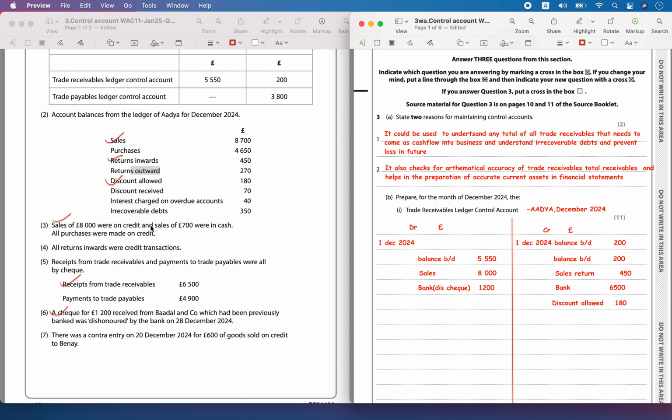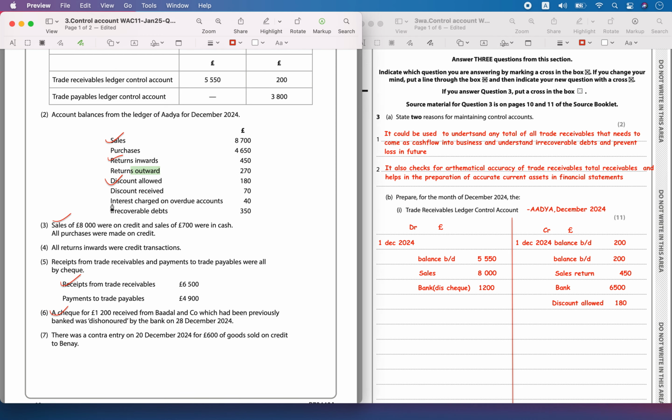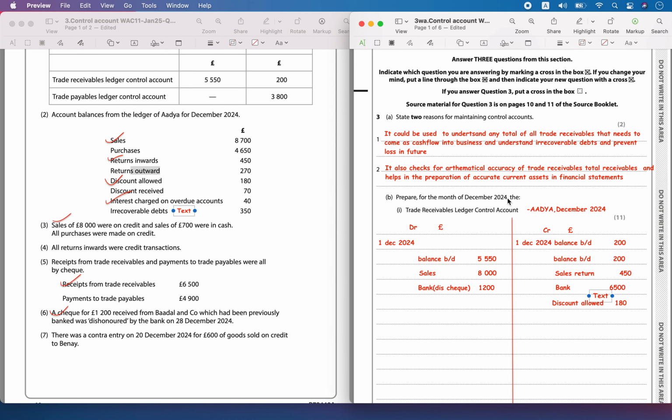And then there was interest also charged on the overdue accounts, of 40. So let's write interest charged on overdue accounts.